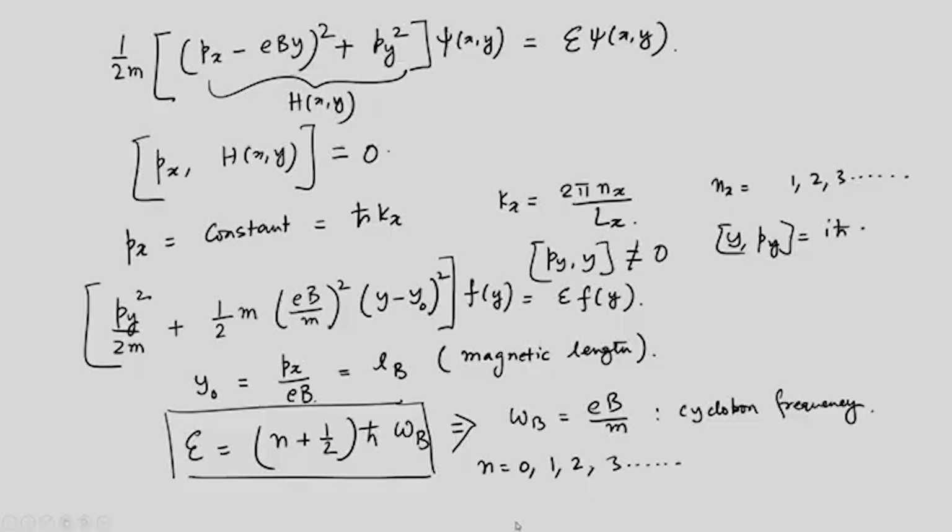Let us see the eigenfunction. So, the eigenfunction, now let us call it, because we can solve for f of y, that is what we will do, but then we know that the total wave function, psi of xy, is actually a free particle in the x direction multiplied by this f of y.